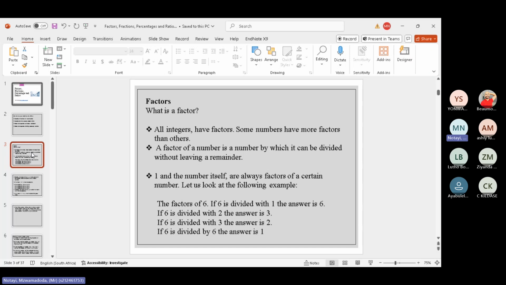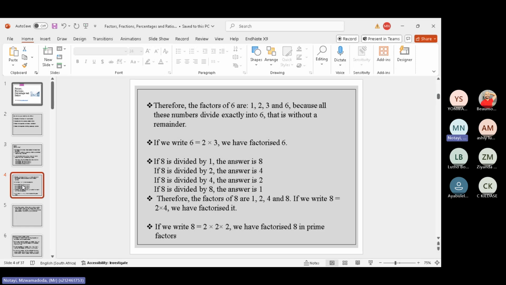The factors of 6. If 6 is divided by 1, the answer is 6. If 6 is divided by 2, the answer is 3. If 6 is divided by 3, the answer is 2. If 6 is divided by 6, the answer is 1.